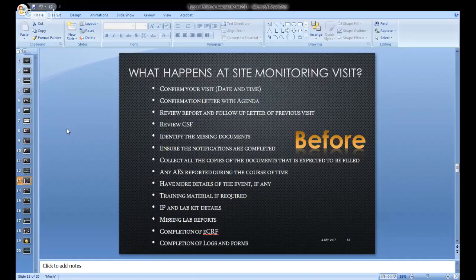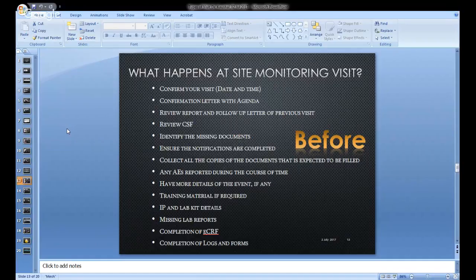Completion of eCRF. Now, when we talk about monitoring, what is the first and foremost or the most crucial activity that we do? SDV, source data verification. So where do we verify this particular data? From the source into CRF. Yes, so if it is a paper CRF, have a telephonic confirmation that all the CRFs are filled and are readily available for your review.